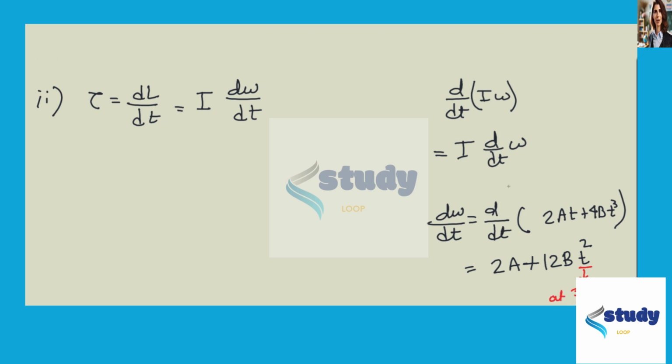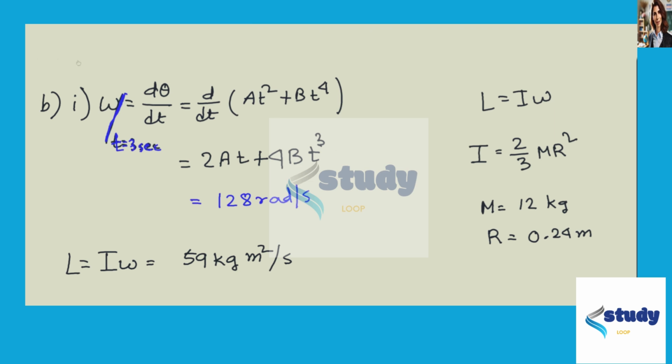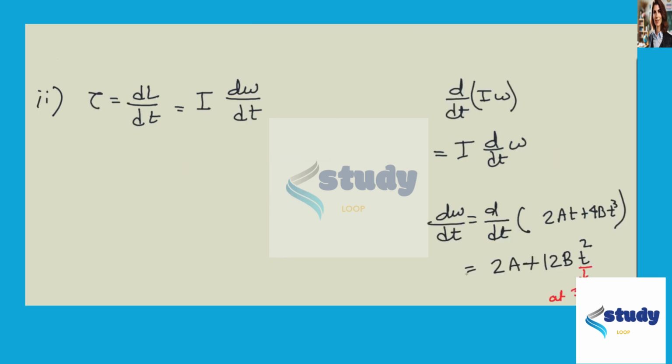Then I, we have already said how to calculate I. So if you put I and this quantity, d omega dt, we see that we get tau, or torque, as 56.1 Newton meter.